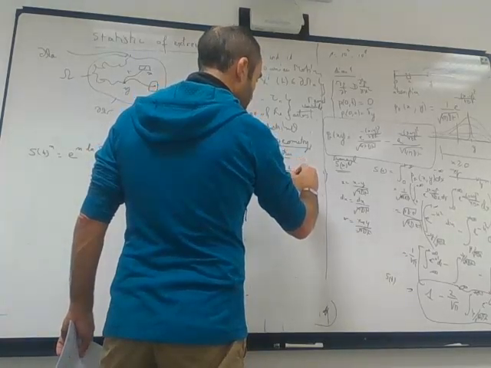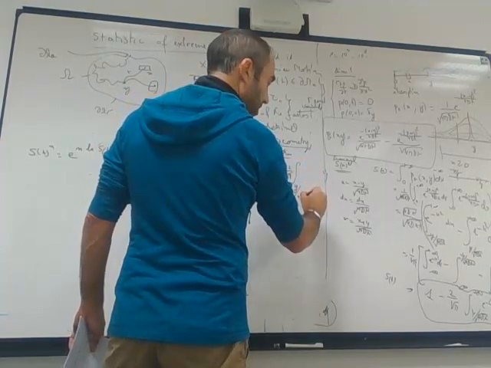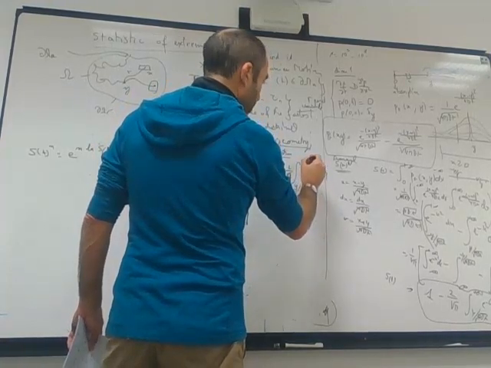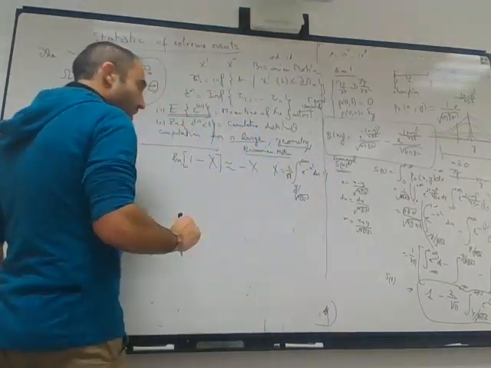It's 2 over square root of pi, the integral from y over square root of 4dt to plus infinity of exponential minus u squared du.